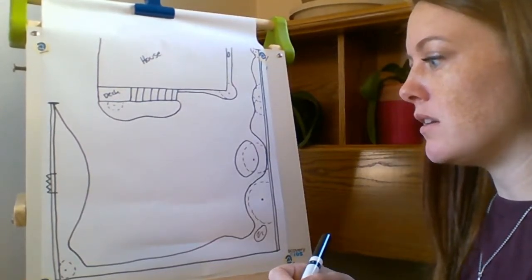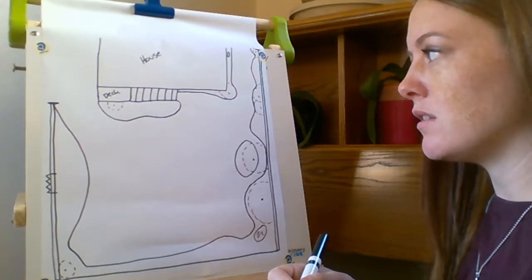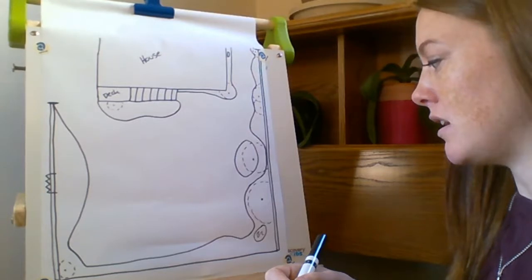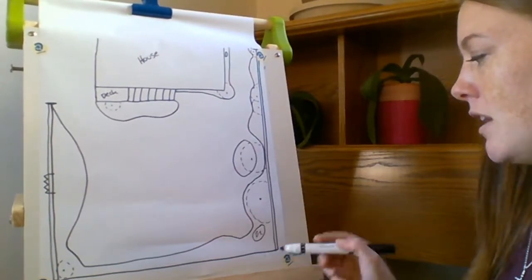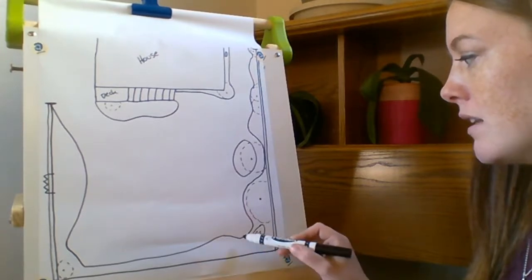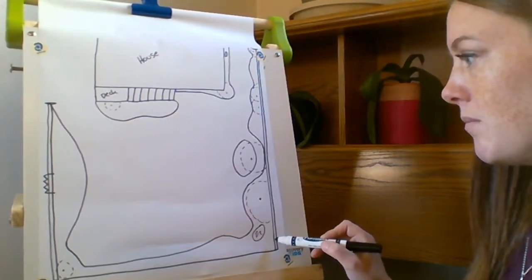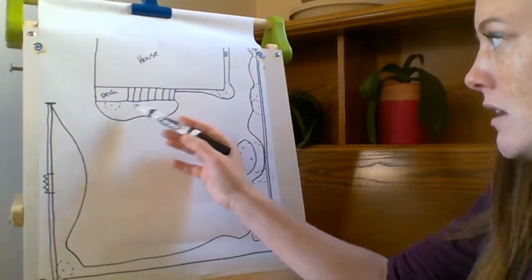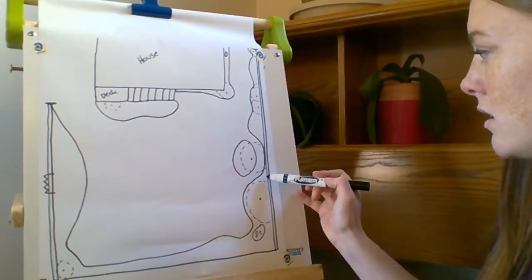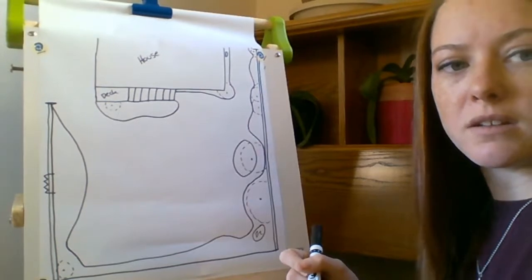So now I can see what areas I have left to plant in. Again, we're not going to plant back here, but with the exception of that, all these blank spaces in here I can plant in.